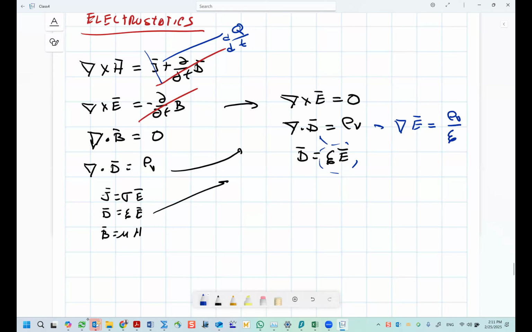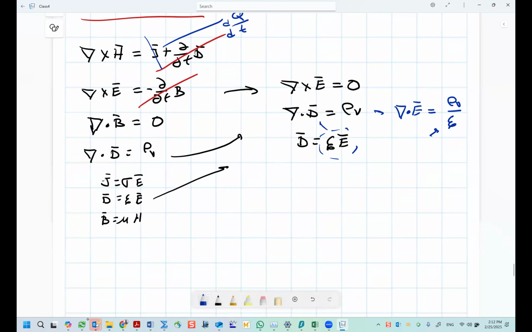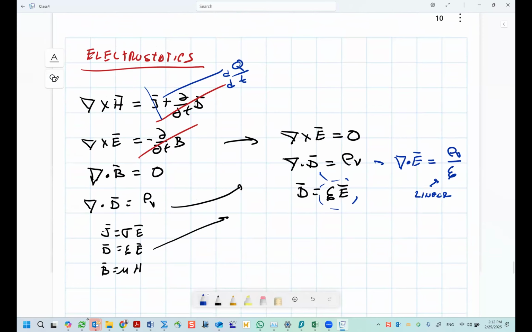I am assuming that the medium is nice and beautiful. So this means it's linear. Therefore, I can get it out of the derivative.